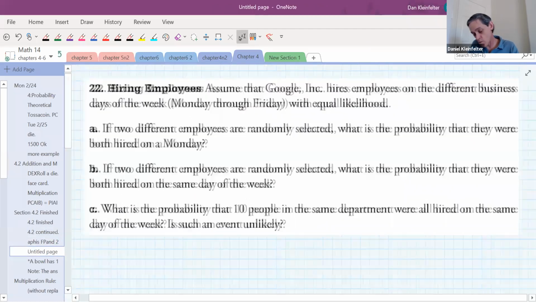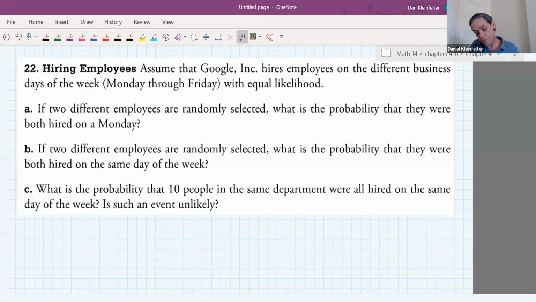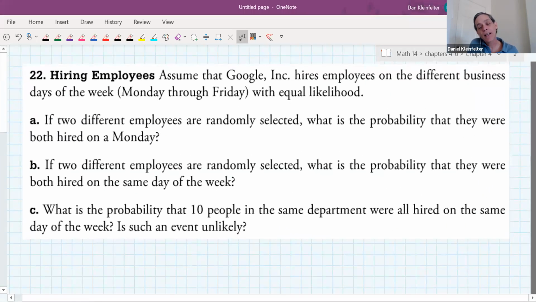Okay, so more examples. So here, assume that Google hires employees on different business days of the week. So that's Monday through Friday with equal likelihood. We're going to answer some questions based on this. So it says if two different employees are randomly selected, what is the probability that they're both hired on a Monday?